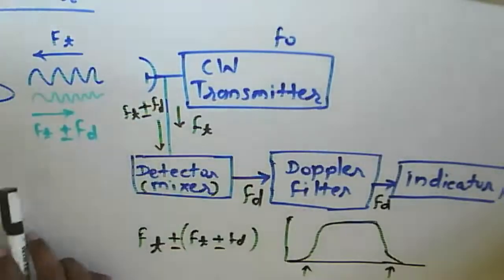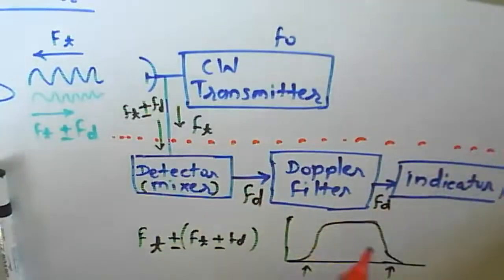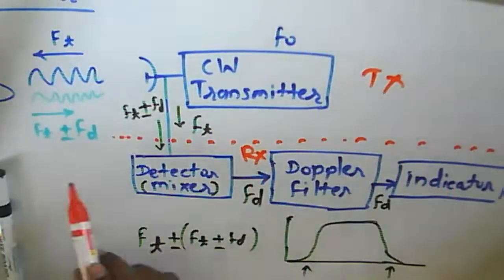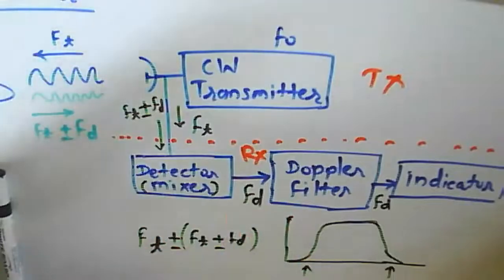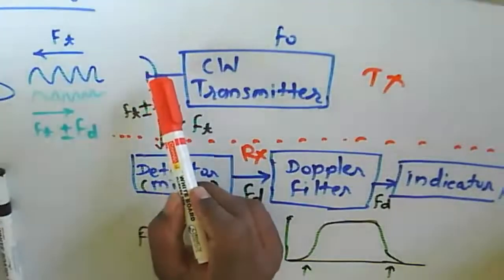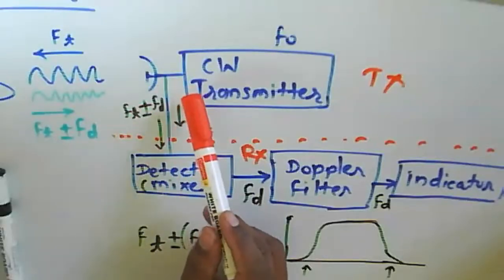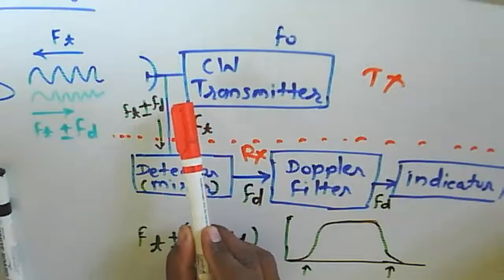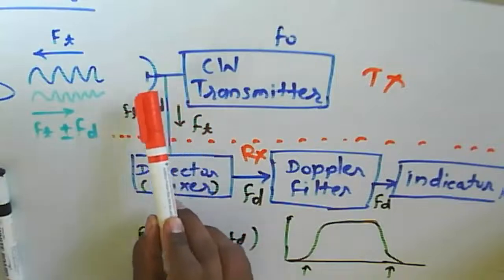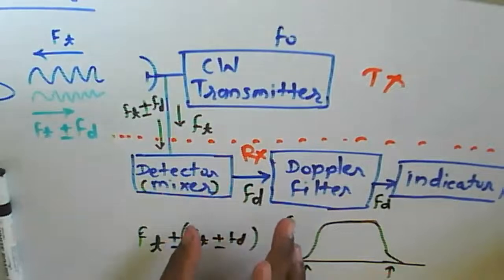This one is the receiver portion, and above is the transmitter. Now, if we use only a single antenna for both transmitting and receiving, then we need to use an isolator here that will isolate the transmitter and receiver, and that will avoid damage to the receiver.